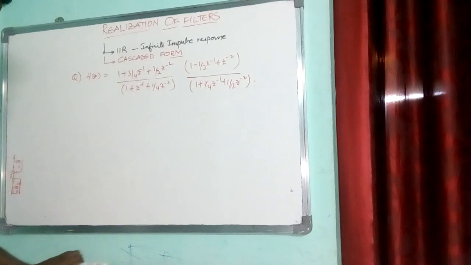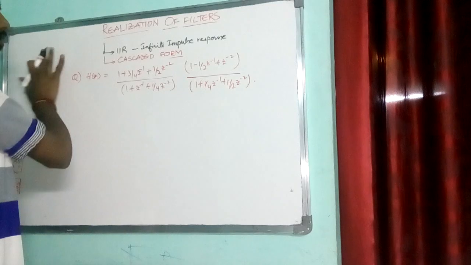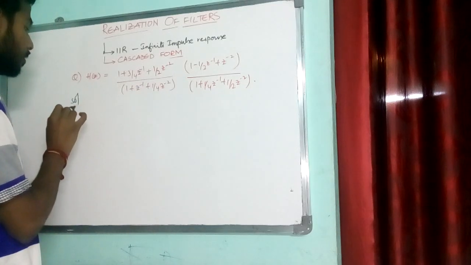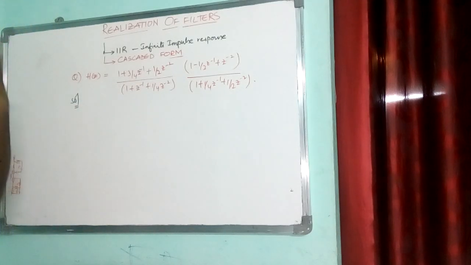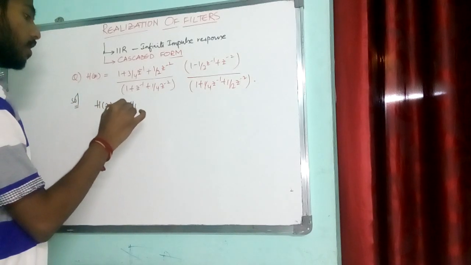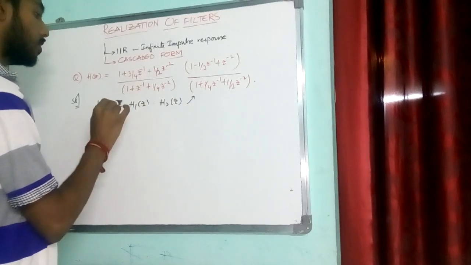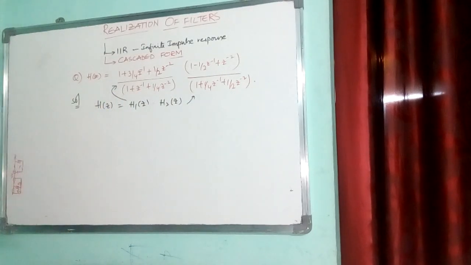So here this is the question given directly. If you can see this, they have directly given us h1 of z and h2 of z. This is my h1 of z and this is my h2 of z, right?